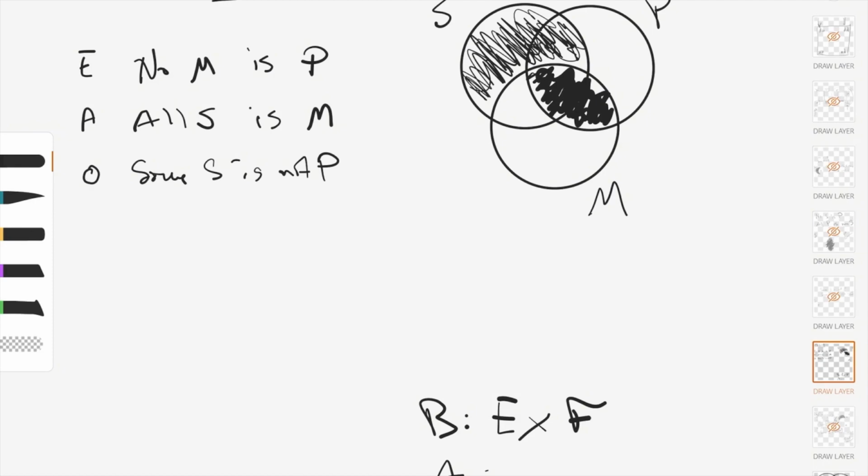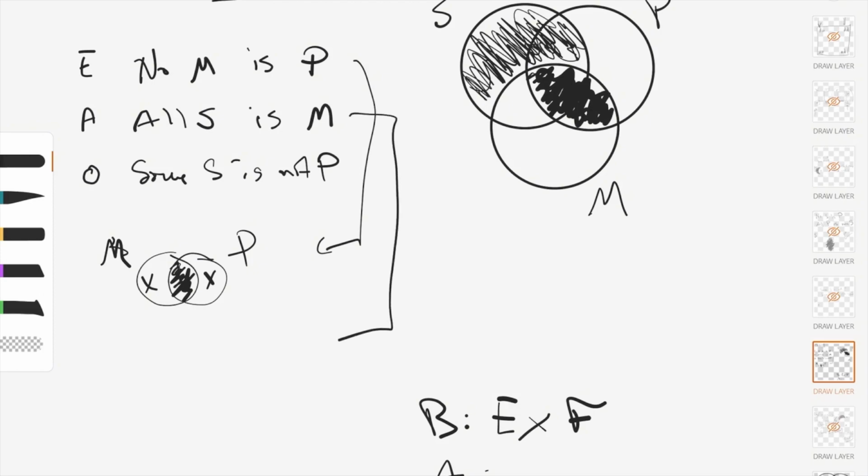Now we have to do some X's, right? So now think about this. E's on the Aristotelian interpretation not only have that shading in the middle, but they also have an X to represent the subject and the predicate term. In this case, the subject is an M and the predicate is a P, right? So this is shading. So we need to get these X's on the diagram.